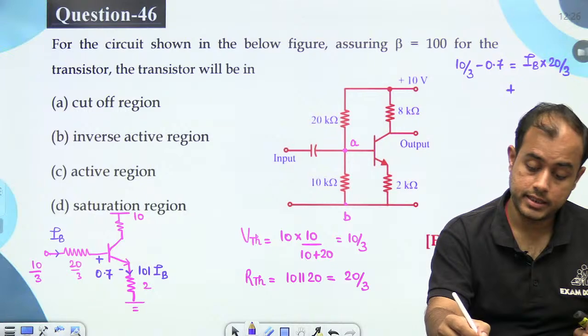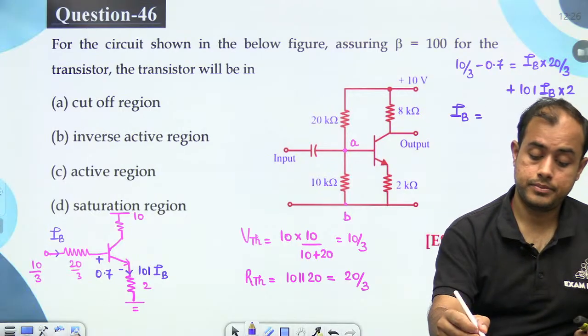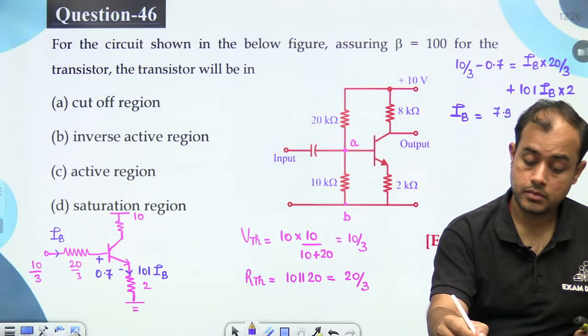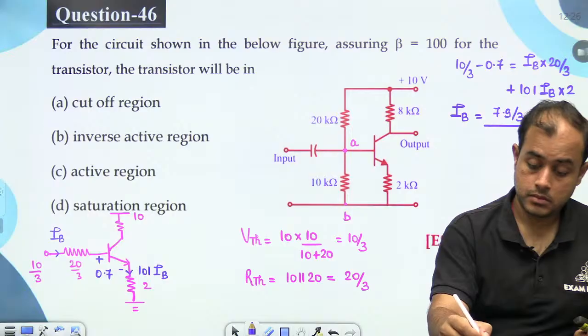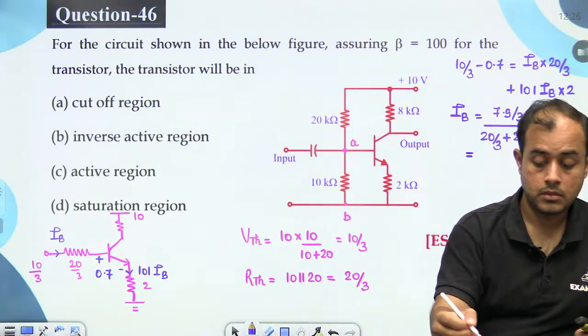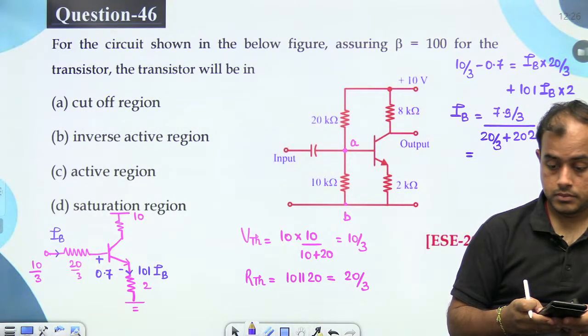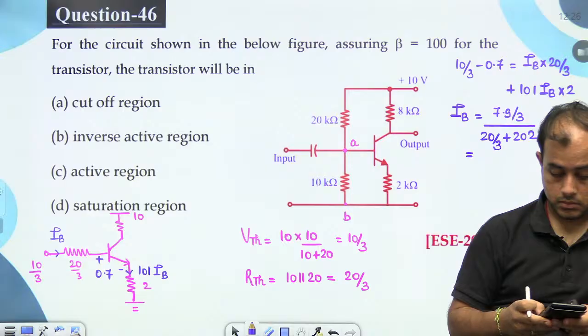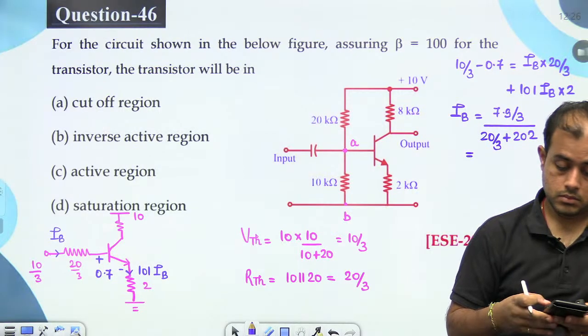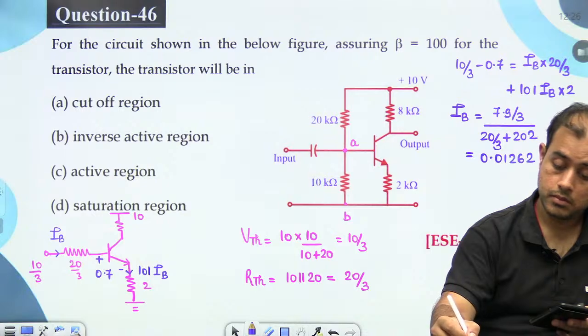IB into 20 by 3 plus 2. So IB, and then IC.